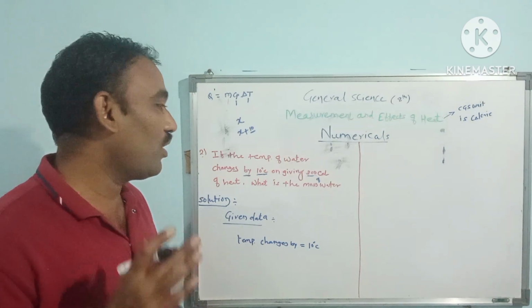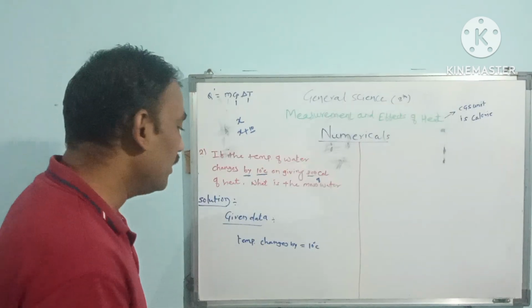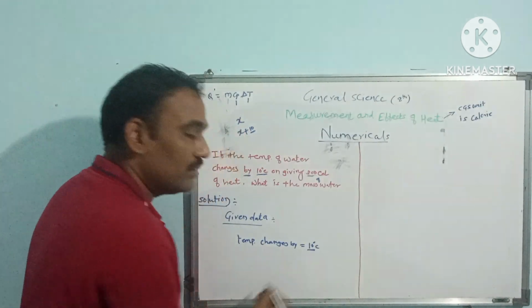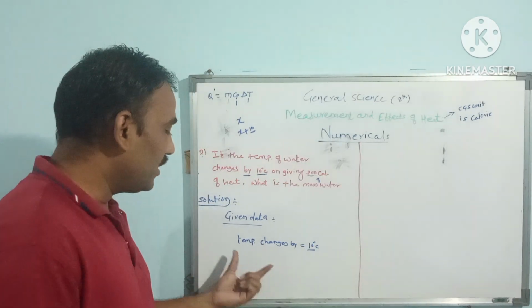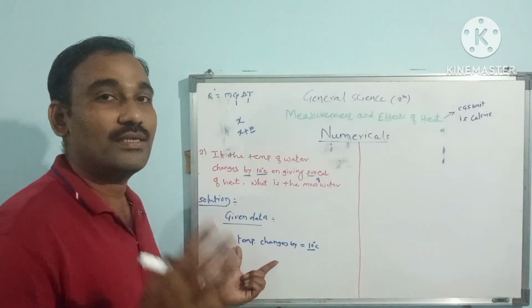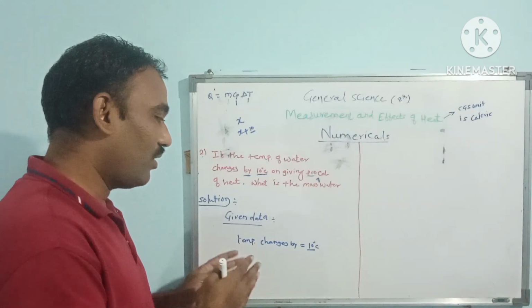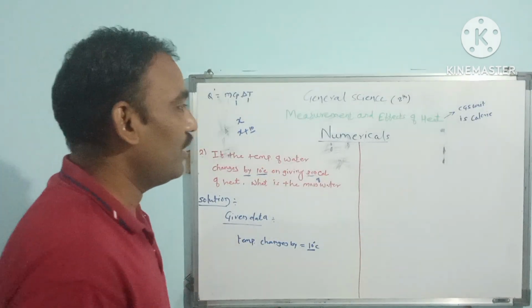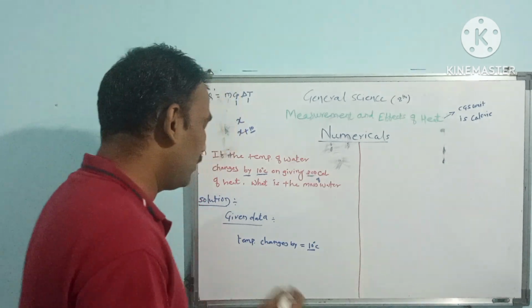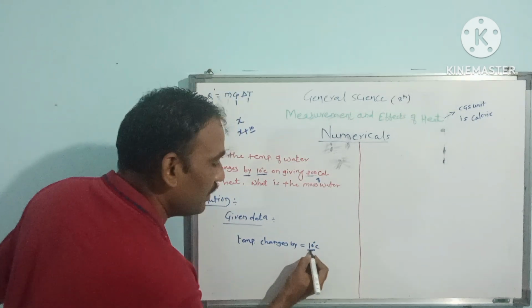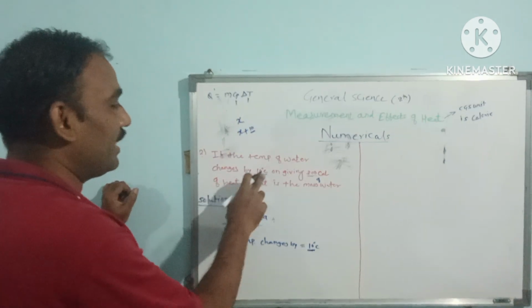Neither initial nor final temperature is given. Here, this 10 degrees Celsius is the difference between the temperatures. If you are not understanding in this way, then I have another way to tell you the meaning of by 10 degrees Celsius.